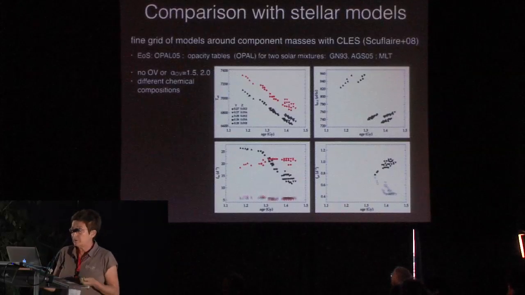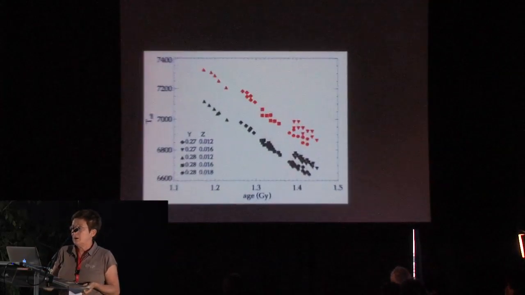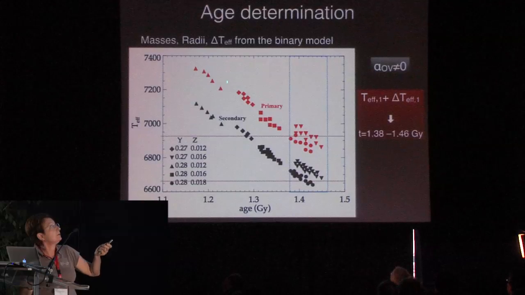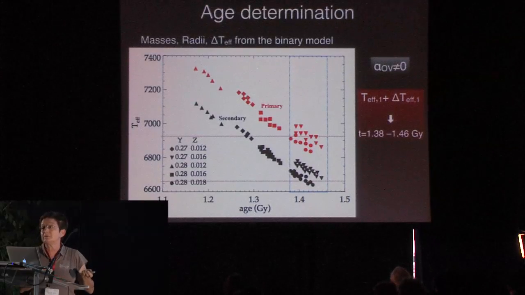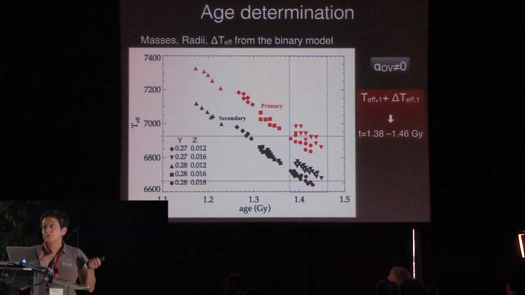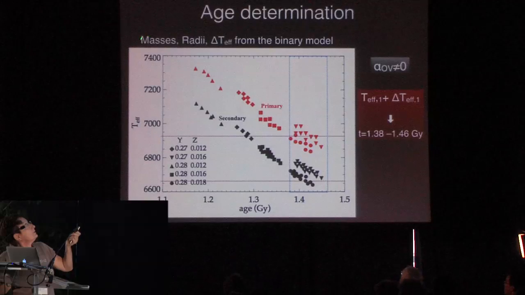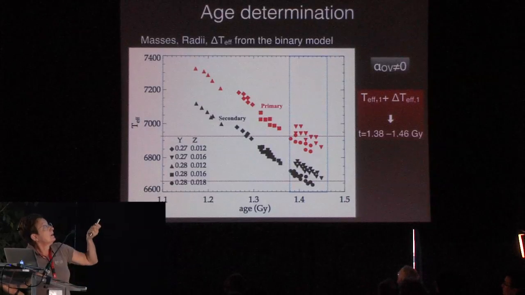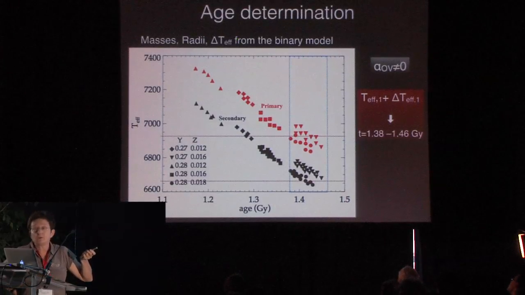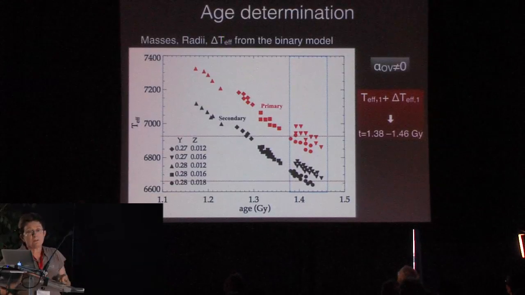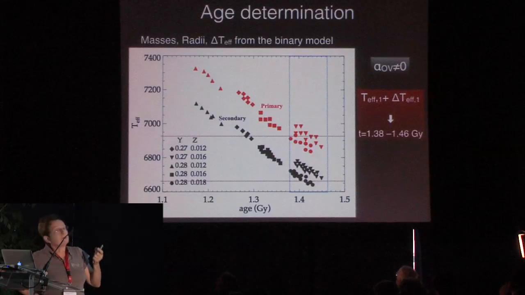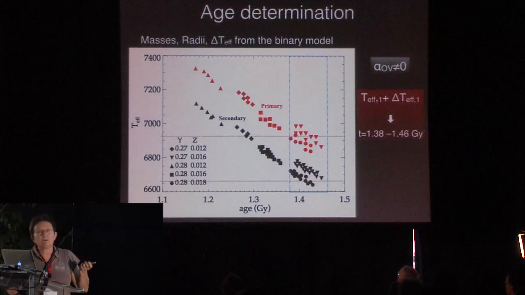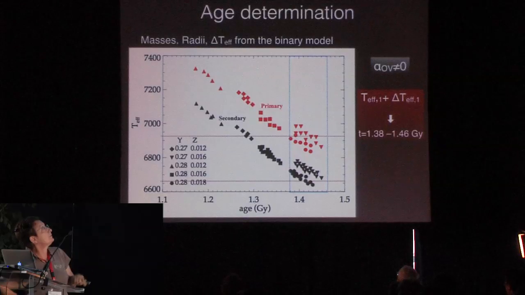Then, what we did was to keep only the pairs, because it is a binary, so you should have the same age and the same composition. We took the masses and the radii that were derived from the binary model, and the difference of temperature, because this is the sounder value you get, not the individual temperature from a single color light curve, so this difference.